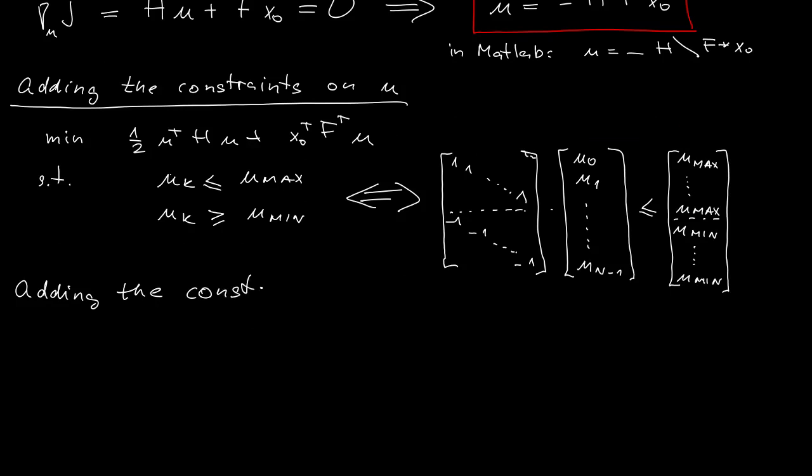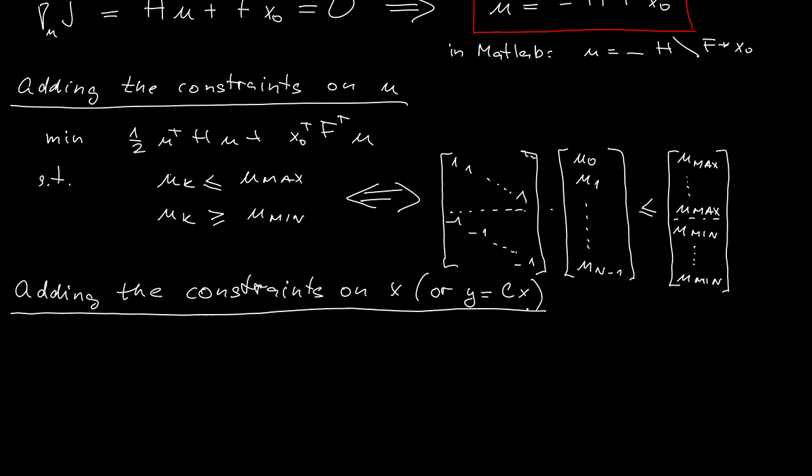We may also want to add constraints on the states or possibly even the outputs. But how can we do this here after the elimination, where x no longer exists in our problem?